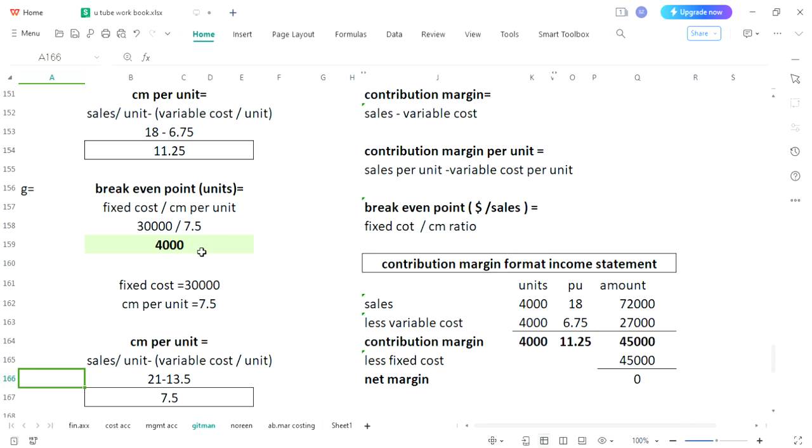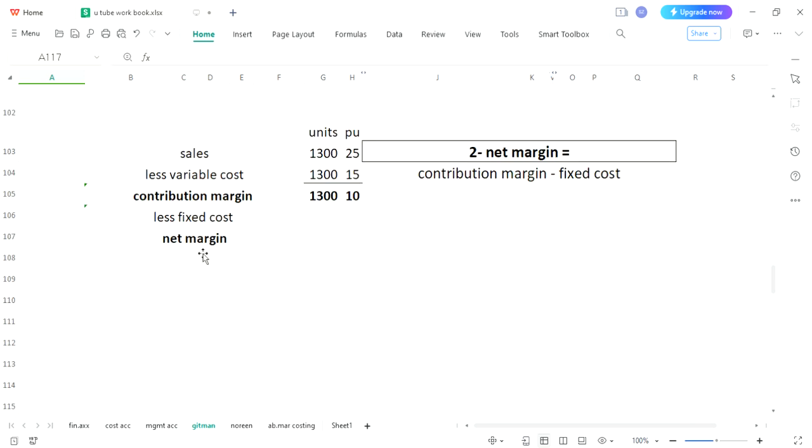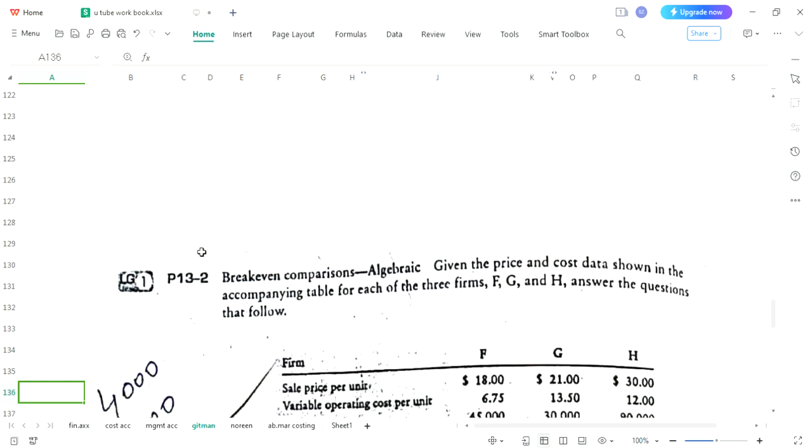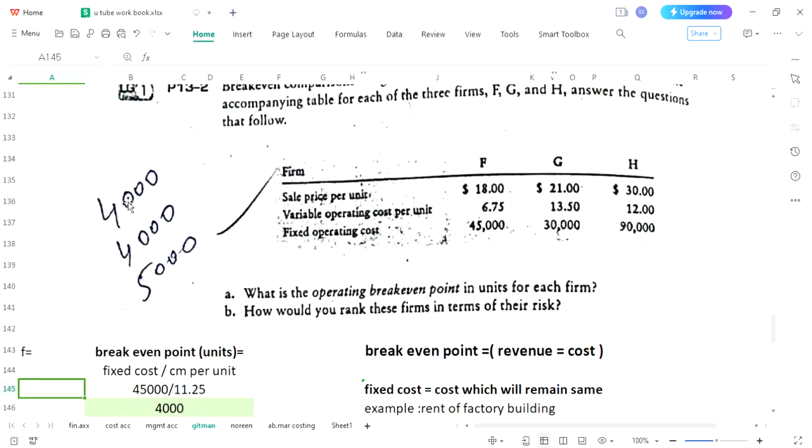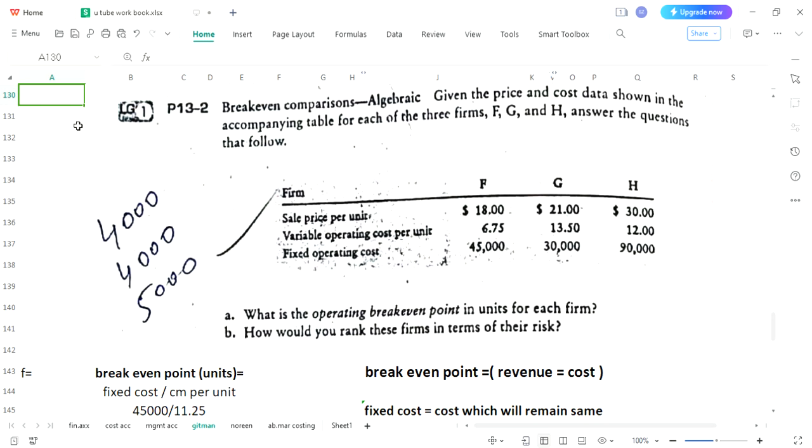So hopefully you have understood this question. We have solved all three firms break even in terms of unit, answers were matched, question has been completed, and solution is in front of you.